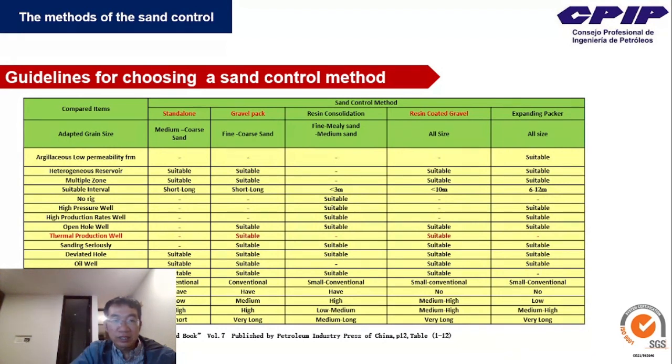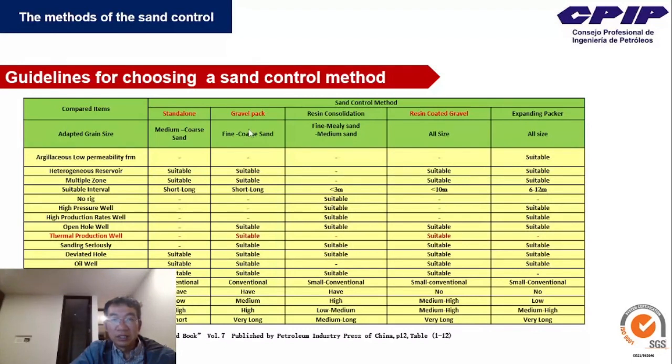The perforating completion: the standalone suitable, gravel packer suitable, resin consolidation suitable, resin-coated gravel suitable. And casing diameter: standalone conventional, gravel packer conventional, resin consolidation small conventional, resin-coated gravel small conventional, and expanding packer small conventional.